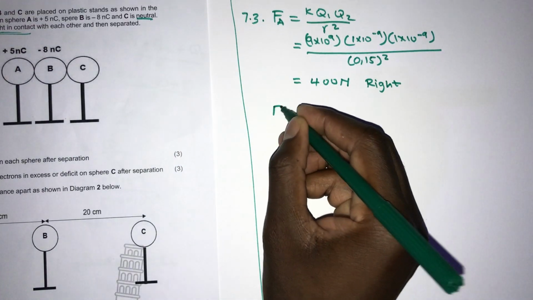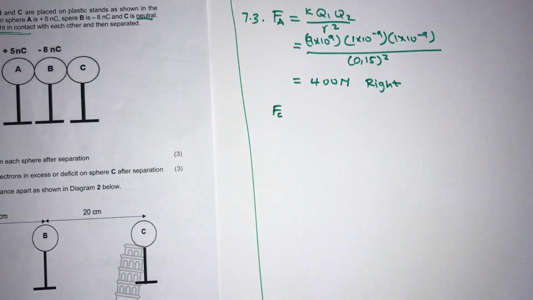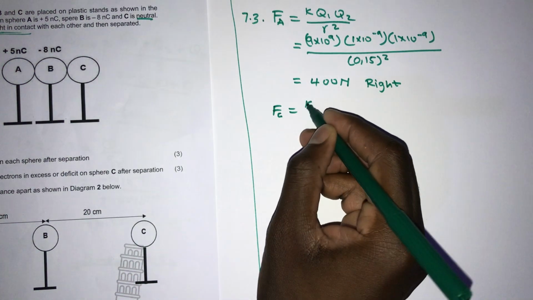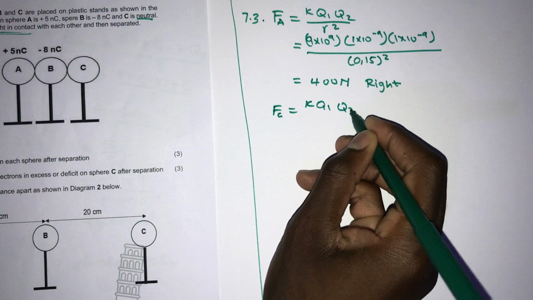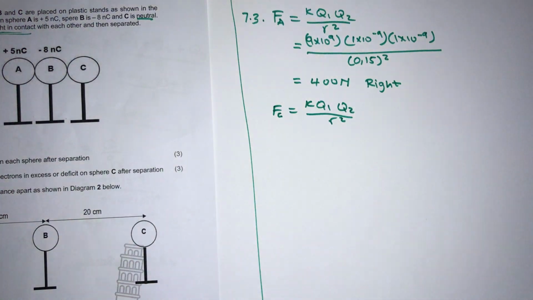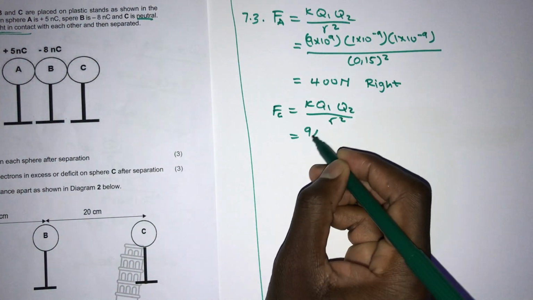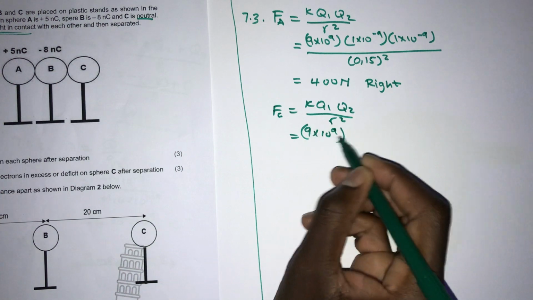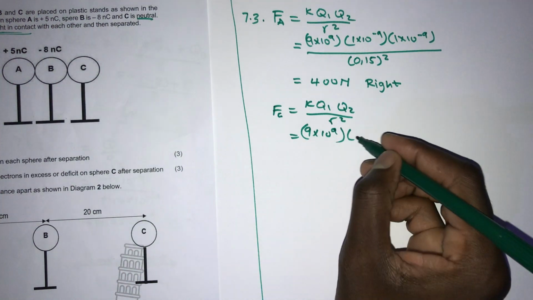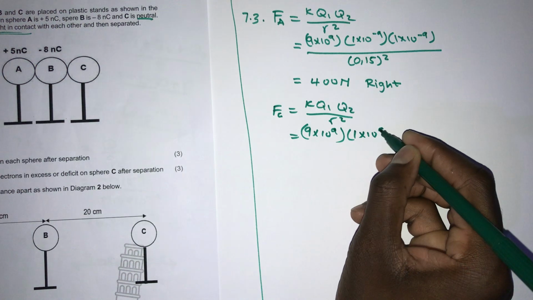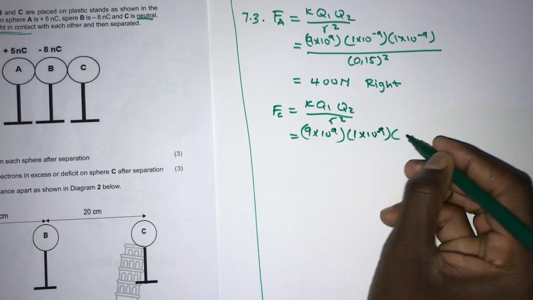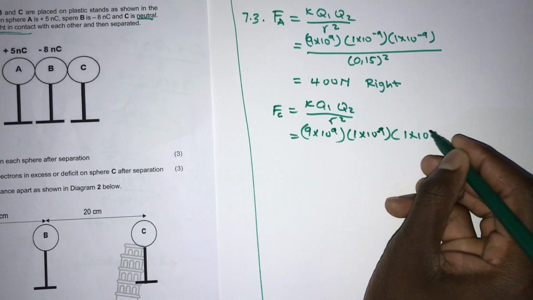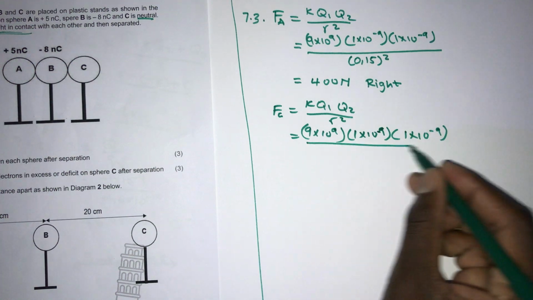Now the electrostatic force exerted by C on B, we can call it FC, is equal to K Q1 Q2 over R squared. Our K is 9 times 10 to the power 9. Since they have the same charge, 1 times 10 to the power negative 9, and even the second one, 1 times 10 to the power negative 9. And then we divide.